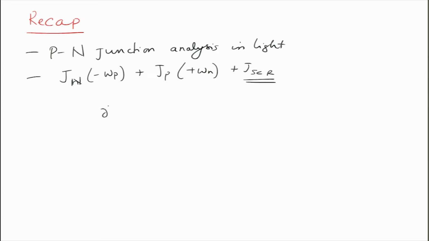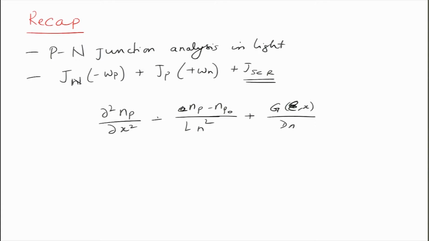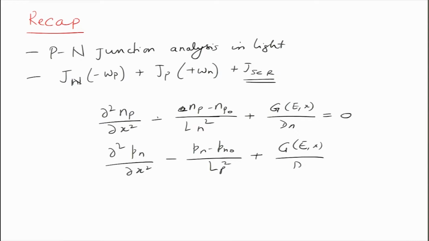carrier equations. The equations were del 2 Np by del x square minus (Np minus Np naught) divided by Ln square plus Gex divided by Dn, so sorry, this should be equal to 0, and then we looked at del 2 Pn by del x square minus (Pn minus Pn naught) divided by Lp square plus Gex divided by Dp, that is equal to 0.